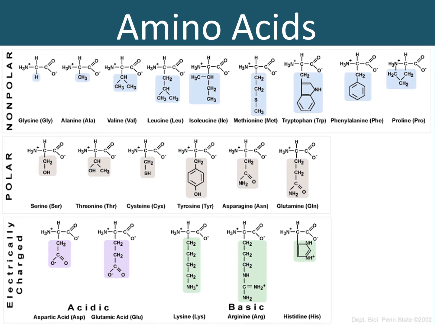In the middle, we have the polar or hydrophilic, water-loving amino acids. And then at the bottom, we have the electrically charged amino acids, which have an ionic charge on their side chain. You can see the electrically charged amino acids are divided into 2 groups, the acidic or negatively charged amino acids, and then there are 3 basic or positively charged amino acids.